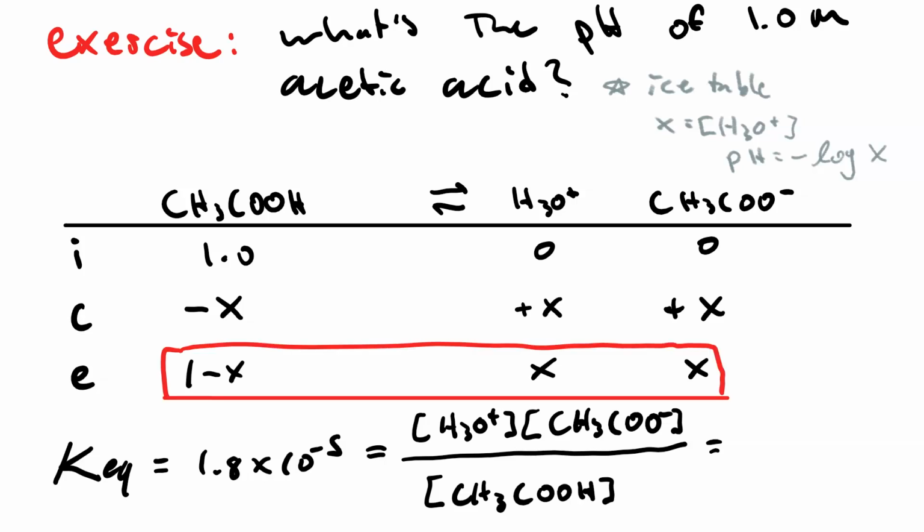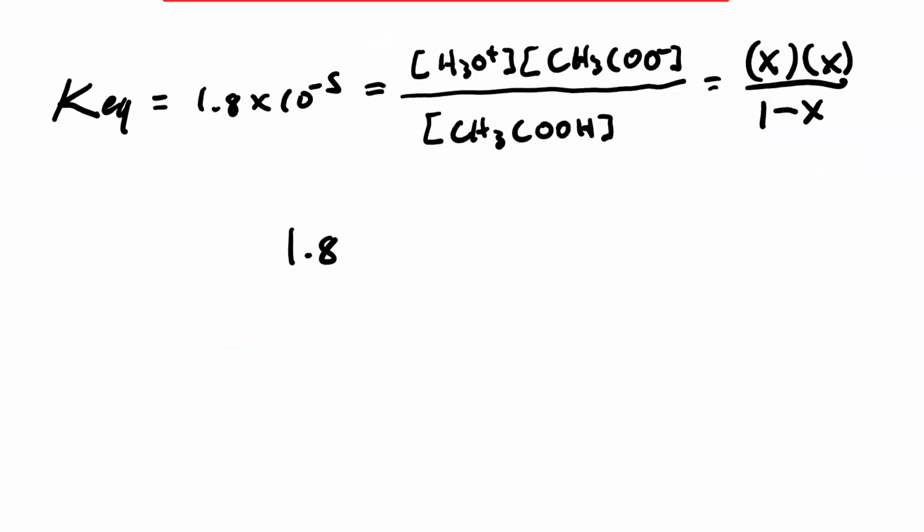So, we take the equilibrium values from the ICE table, and we end up with x times x over 1 minus x. So 1.8 times 10 to the negative fifth equals x squared over 1 minus x.